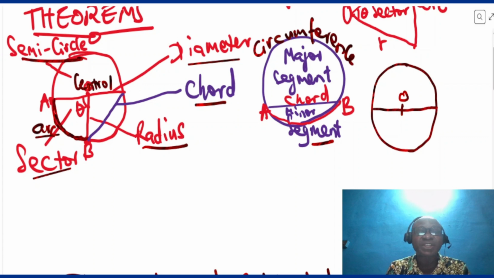You should know their meanings: diameter, radius, semicircle, center of a circle, arc, sector, segment, and chord in a circle. So these were the first things I said, giving you the terms that are used in circles.